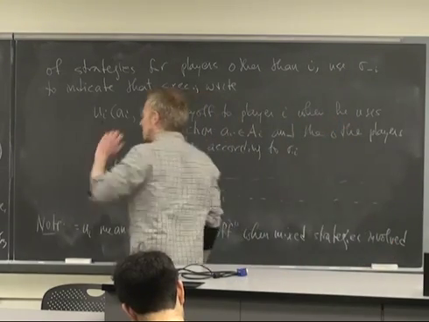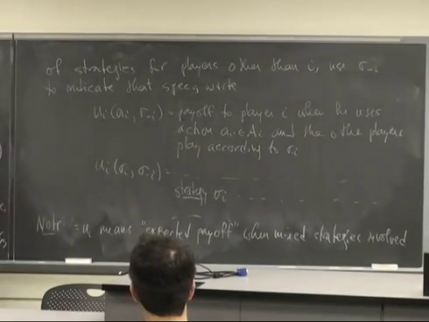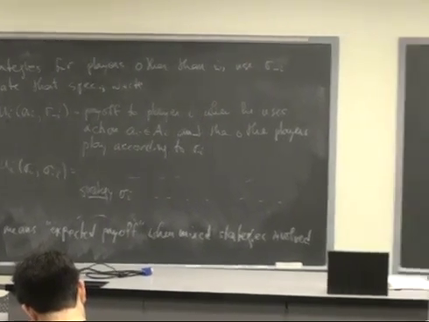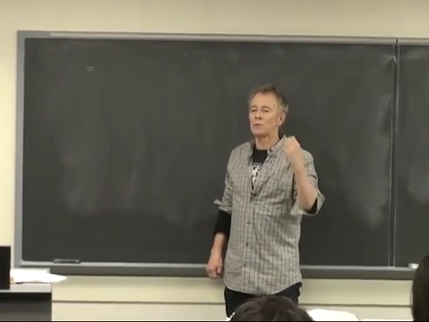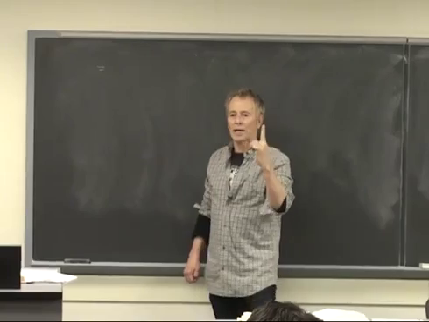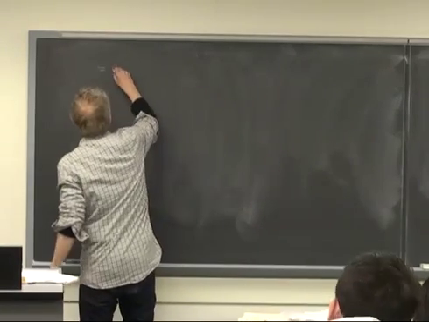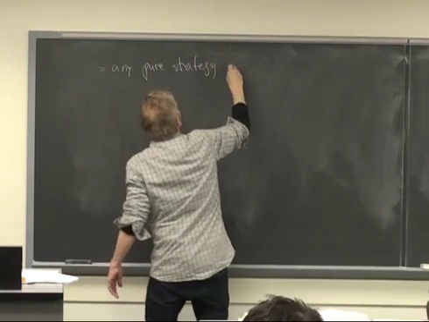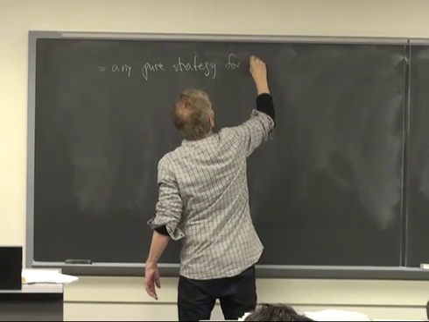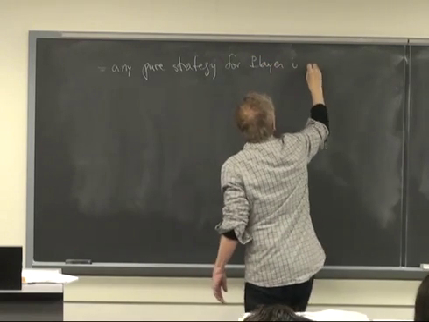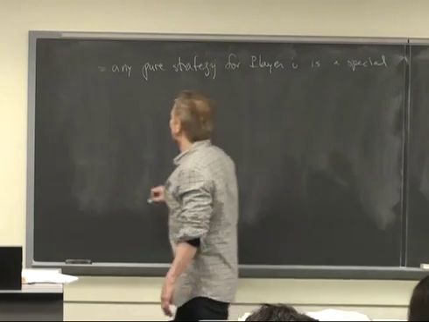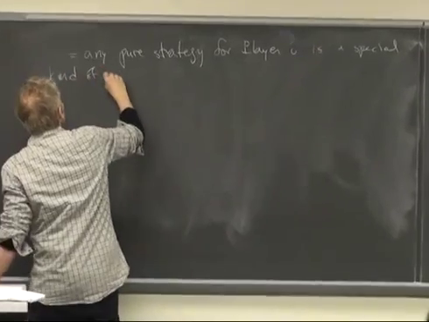And one comment I didn't make last time that's worth making is that a pure strategy is really just a special case of a mixed strategy that happens to assign probability 1 to one particular action in an action space. So any pure strategy for a player, say player I, is a special kind of mixed strategy for player I.